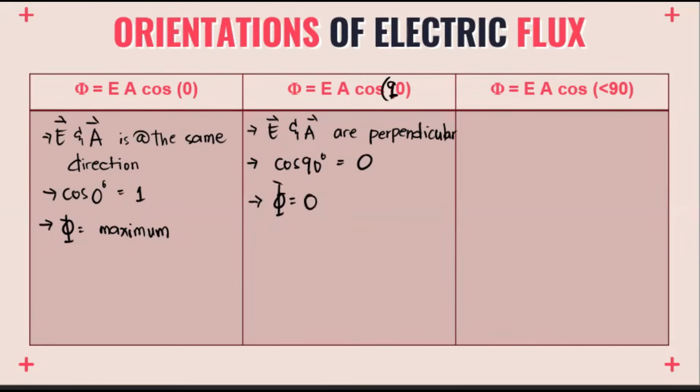Meaning there is no field vector that penetrates a surface. And then lastly, if the angle between the electric field vector and area vector is less than 90.